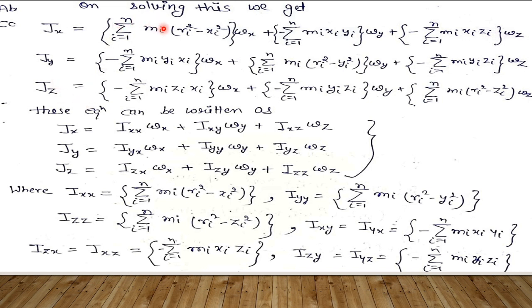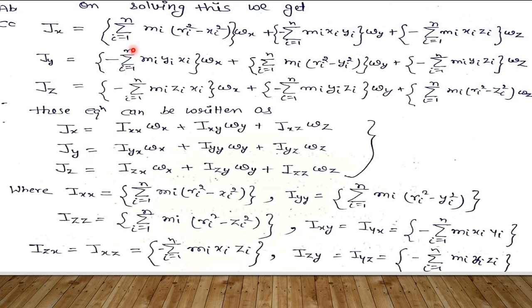And the above equation can be written as Jx equals Ixx omega x, where this is the value of Ixx and this is omega x, plus Ixy omega y plus Ixz omega z.